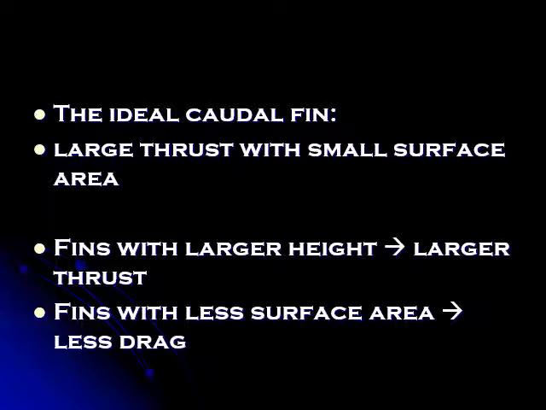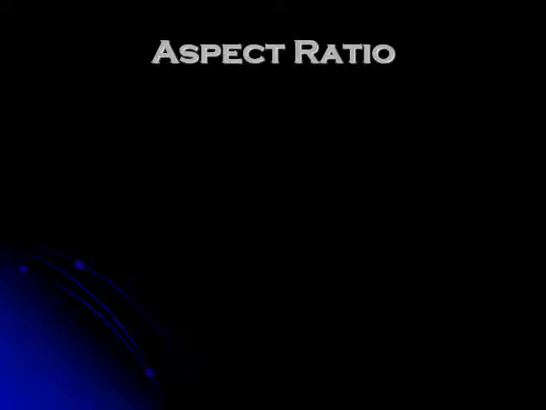And fins with less surface area will give you less drag, meaning that you're going to have less fin contacting the water, so there's going to be less friction. As we saw in the lab, this is described as the aspect ratio.